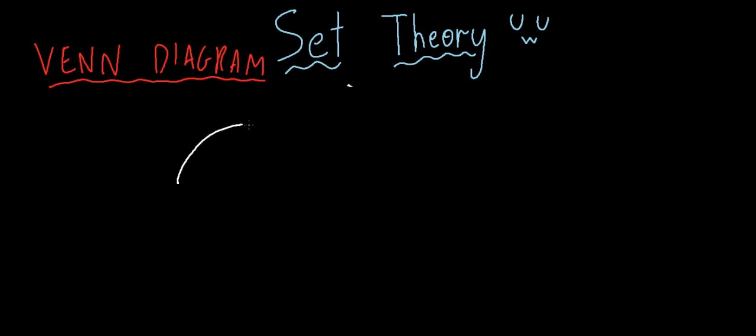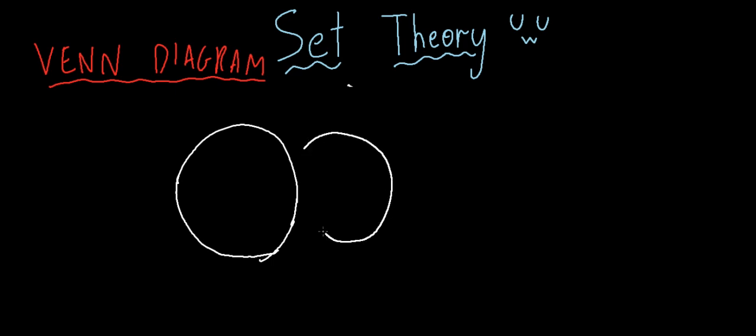In this Venn diagram, we have two circles, and it's stating that these two are sets.